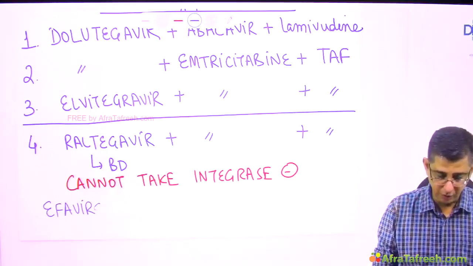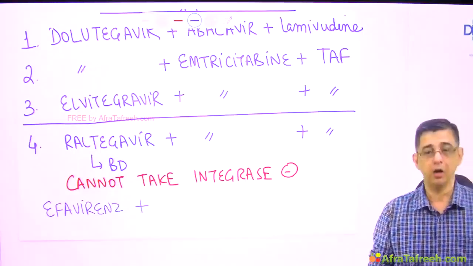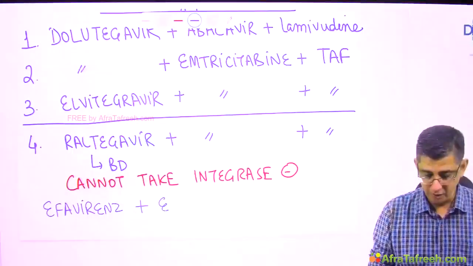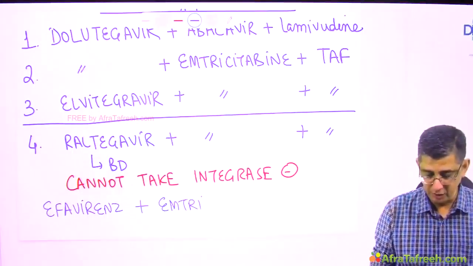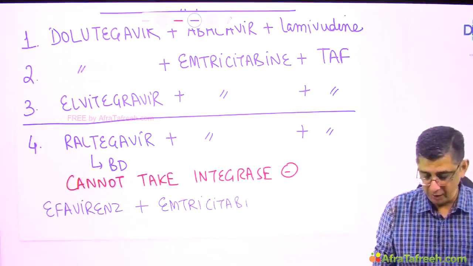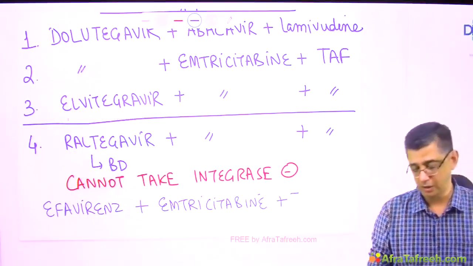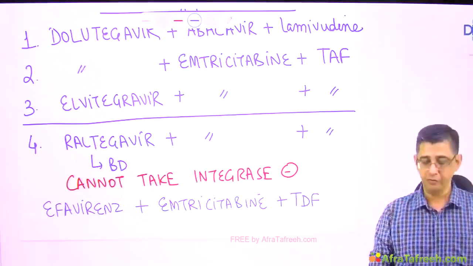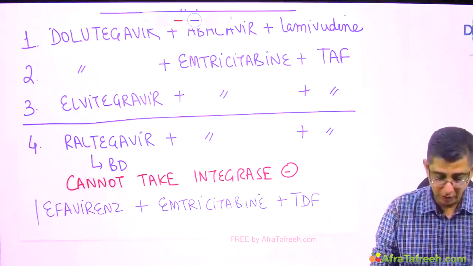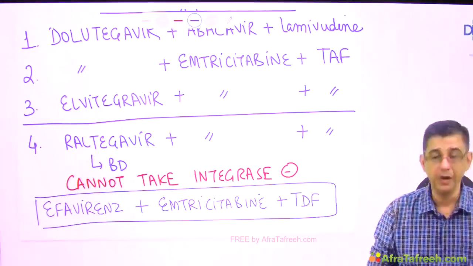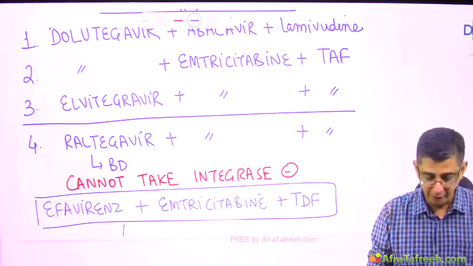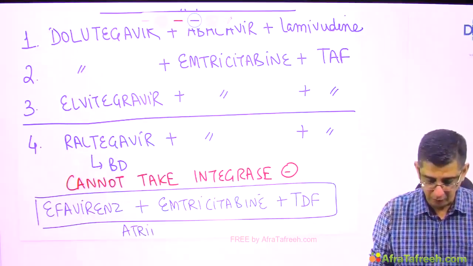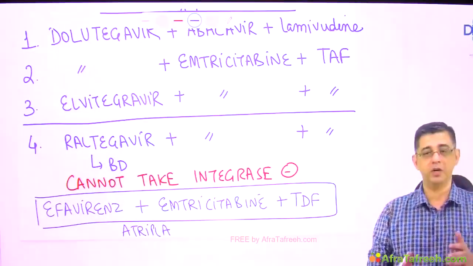It is a combination of efavirenz along with emtricitabine. I'll just write the full form once again so that I can make you remember it. And the third molecule is obviously tenofovir, but this time it is tenofovir disoproxil fumarate. So this regimen is commonly known by the brand name ATRIPLA, and a lot of physicians have a good experience with this.